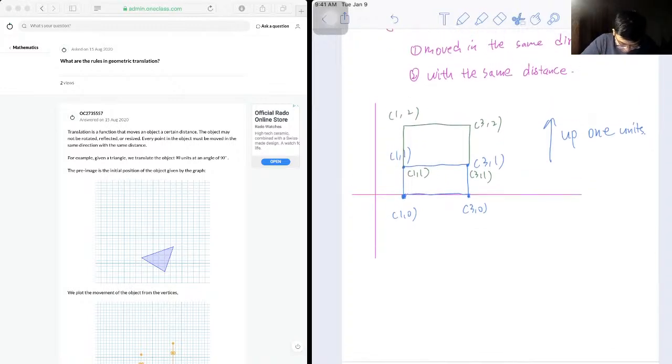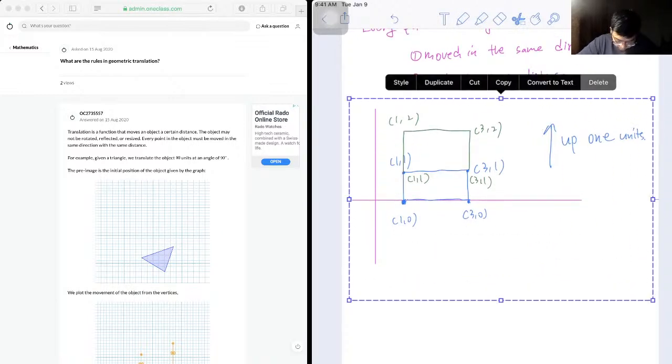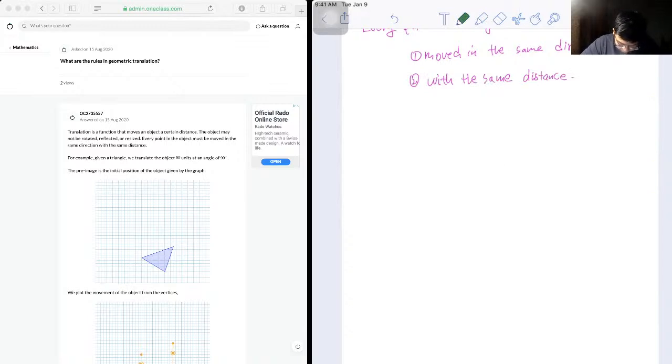So let's do another example. If we have a square, let's do 0 0, 1 0, 1 1, 0 1.